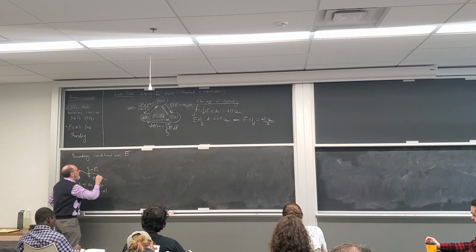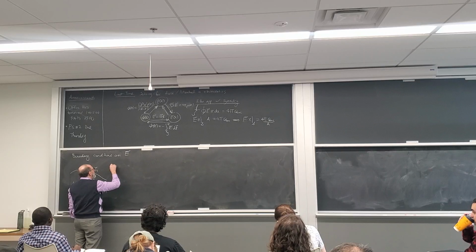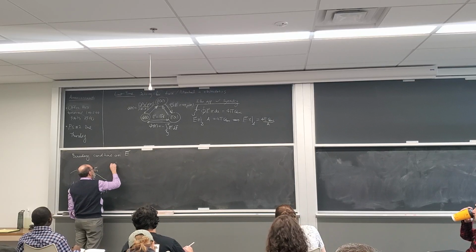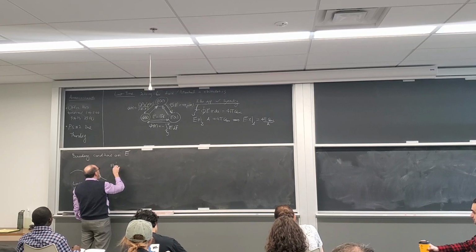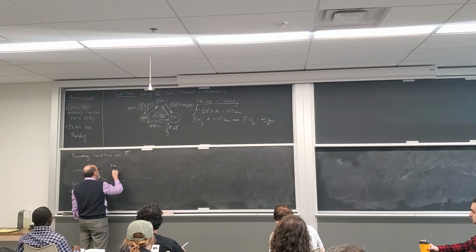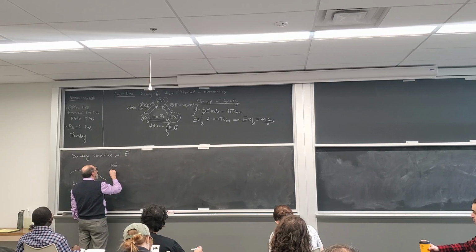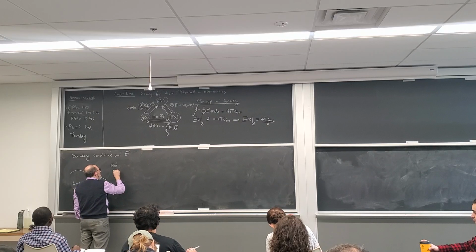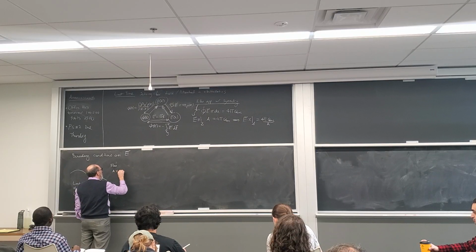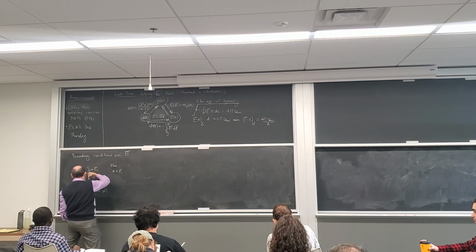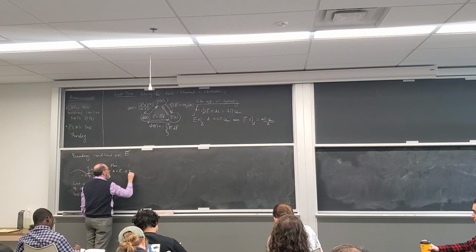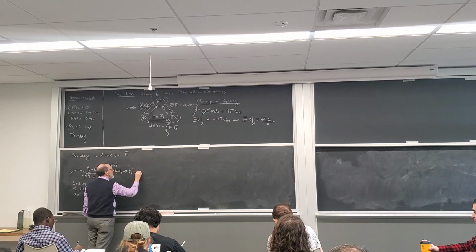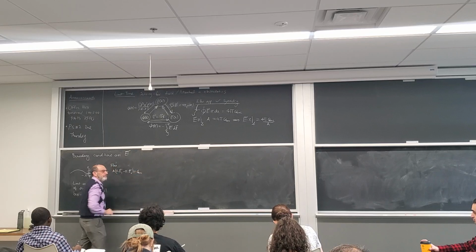And so what that would tell me is that the flux through this pillbox would be equal to whatever the little area is times n dot E1, and then this is in the minus n direction, so it's minus n dot E2, is equal to the charge enclosed in that little pillbox.